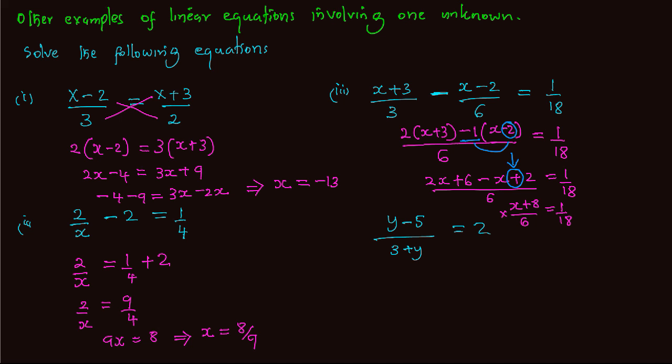Multiply both sides by 6. So x is equal to a third minus 8, which is negative 7 and 2/3.